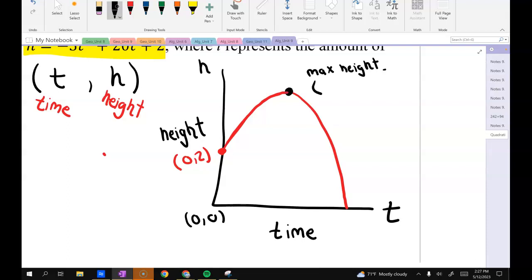This maximum height point has units on it. We're going to find a number for t and for h. That's going to go in these 2 blanks.